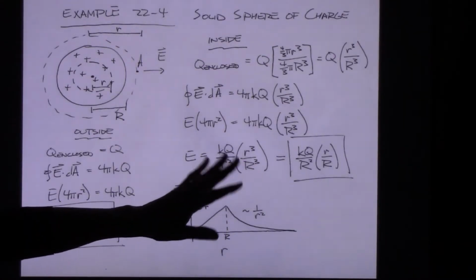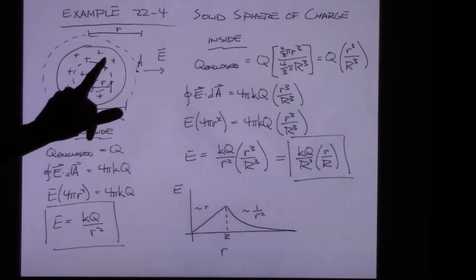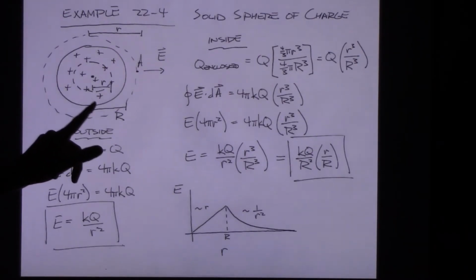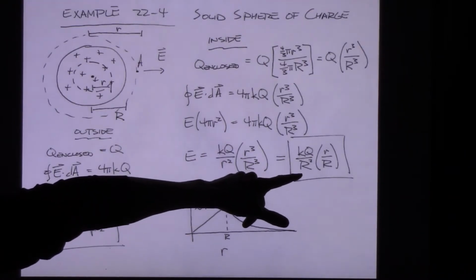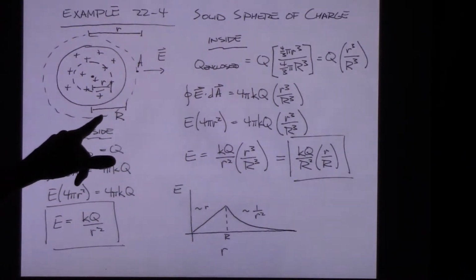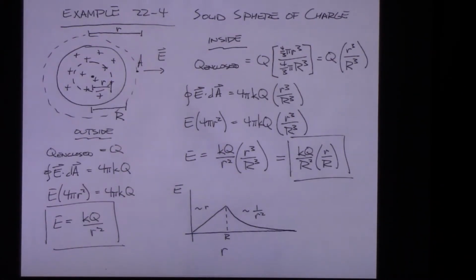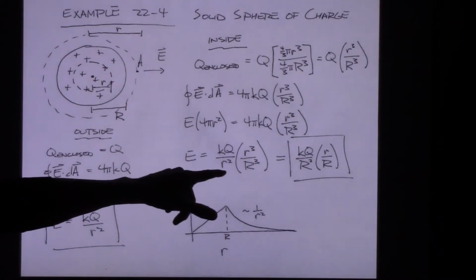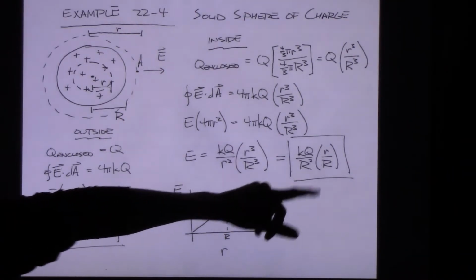Now, moving some stuff around here, I ended up with an electric field formula for any location inside that says that the electric field will be kq over big R squared, where big R is the radius of the sphere, times little r over big R. Two factors of little r from the area canceled three factors of little r from the enclosed charge. And what it says is this.